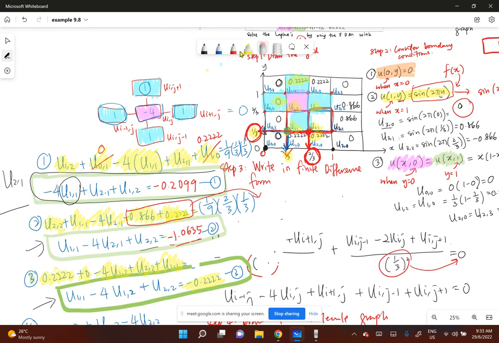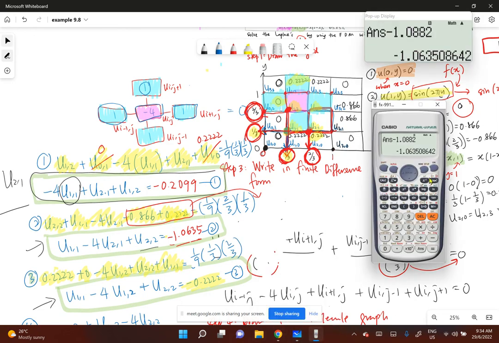So refer to this one, this purple. Okay, this purple at this point, x is 1 over 3, and here y is 2 over 3. So that means here is equal to 1 over 9 times 1 over 3, and here is 2 over 3. So that means 2 over 81. That is what we had just now, right? This one, 2 over 81.